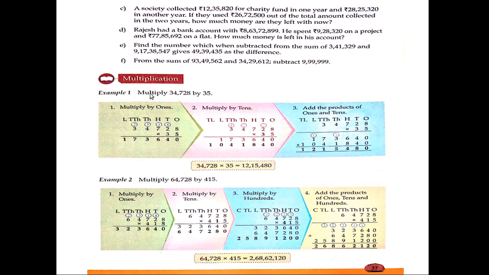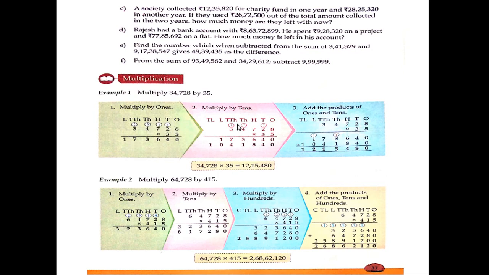First we multiply by the ones place value of 35. First we multiply the upper number with 5. If we multiply, we get 0, 4, 6, 3, 7 and 1, and all the carries are carried over.